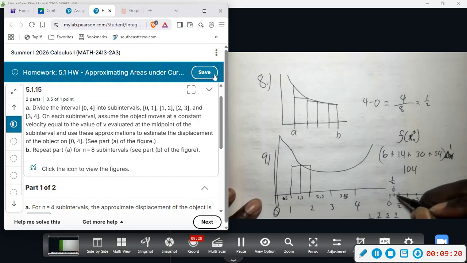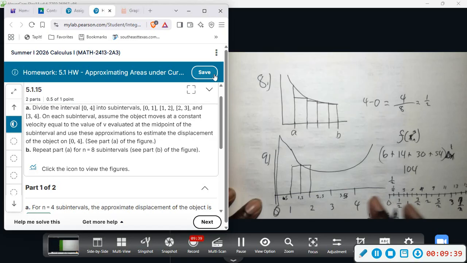So 1, 3, 5, 7, 9, 11, 13, and 15 over 4.